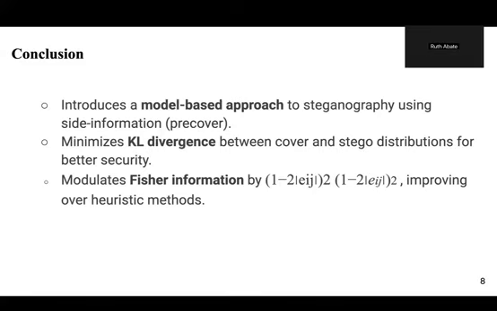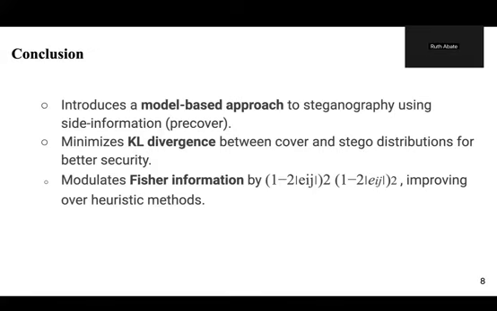Another critical component is the modulation of Fisher information, a measure of how much information can be extracted about an unknown variable. In the context of steganography, this concept plays a crucial role in balancing security and efficiency. If too much information about the embedded message is available, the stego object becomes easier to detect.